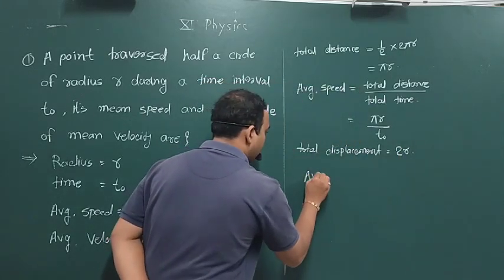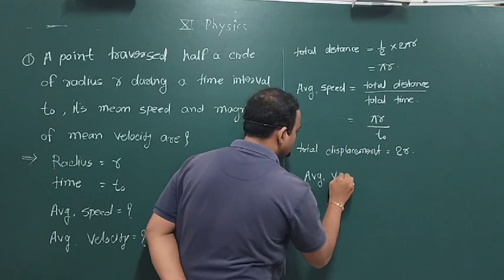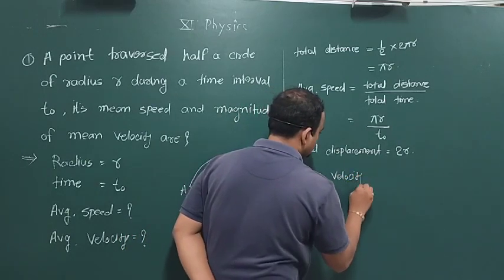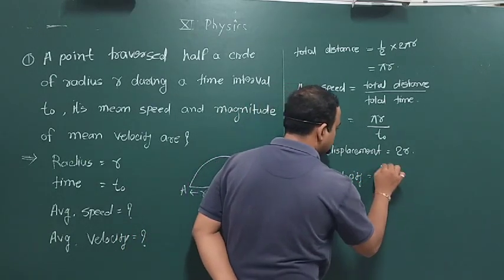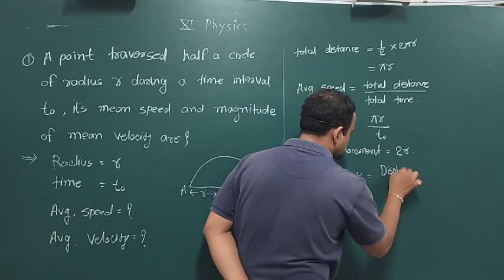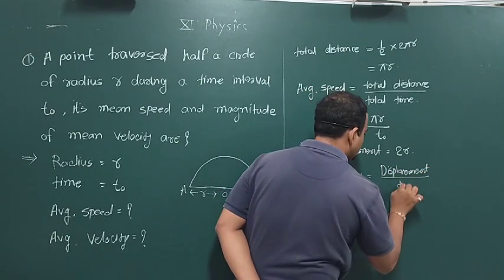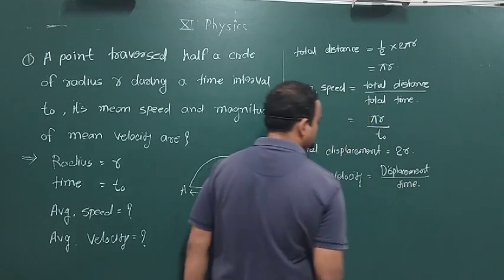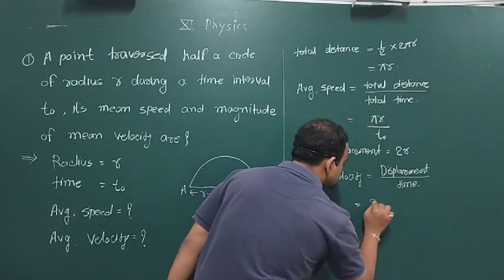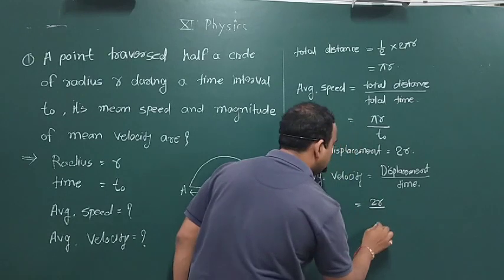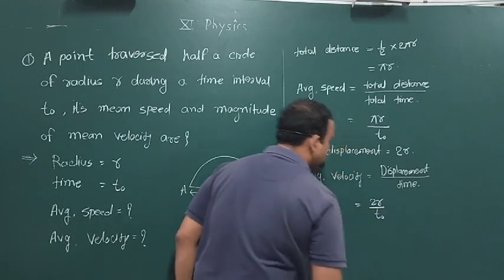So the average velocity is equal to displacement upon time. Displacement is 2r and time is t0.